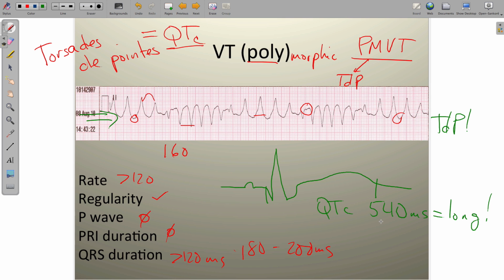But it's got to have a long QTC. So if you show up on the scene and the patient's in this, you call it polymorphic VTach. If you know what the QTC is, if it's long, you call it torsades.